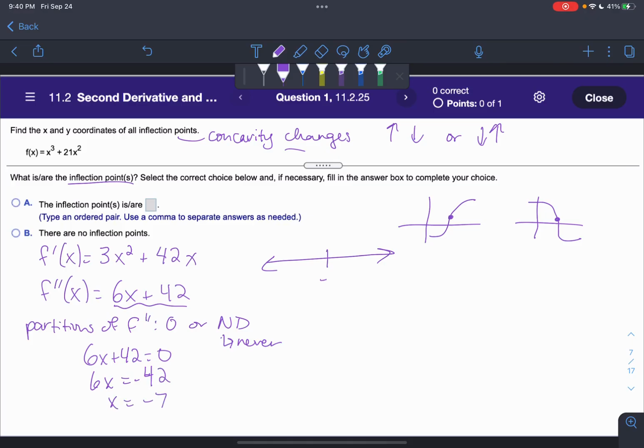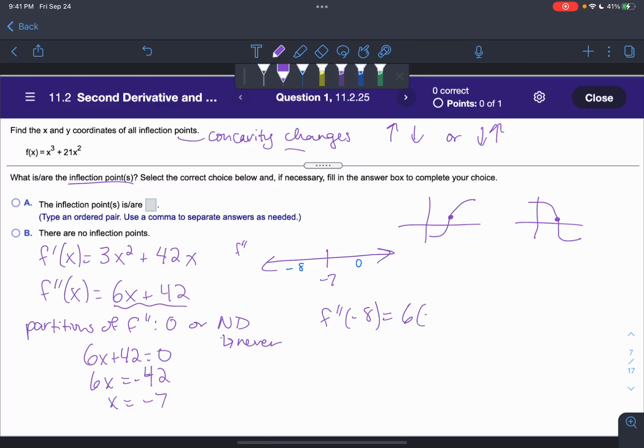So I have this on my line, and now the last thing I need to know is, does my concavity change before and after -7? So remember how to do that. We plug in points. We can find these test points and plug in a point to the left and right of it. So I want to find f double prime of -8, just to focus on the sign.